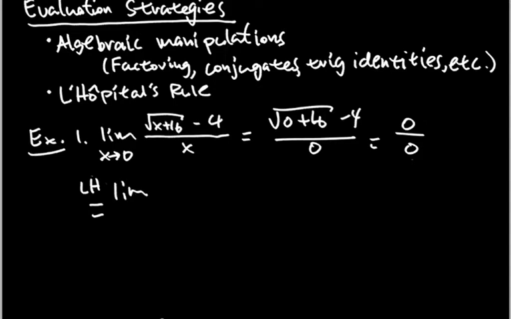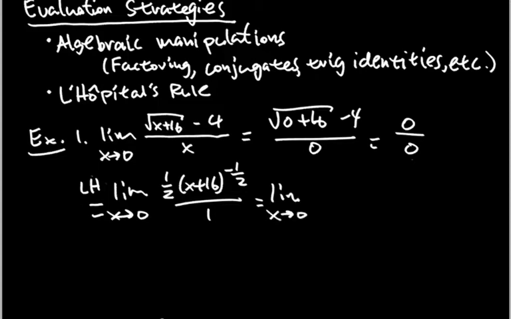Okay, so if we take the derivative of the numerator, the 4 is going to be 0 because you take the derivative of a number, nothing. And then here, you're going to get 1/2 times x plus 16 to the negative 1/2 power. That's just 1. Okay, let's just do this out then.